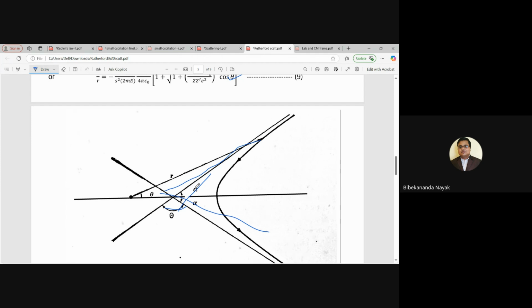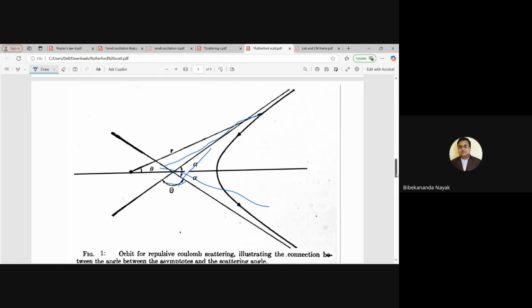If you see this, the axis is symmetric and we make a line between them, then this angle will be the same, alpha plus alpha. 2 alpha plus capital Theta is equal to 180 degrees. You know it? 2 alpha plus capital Theta is equal to 180 degrees.